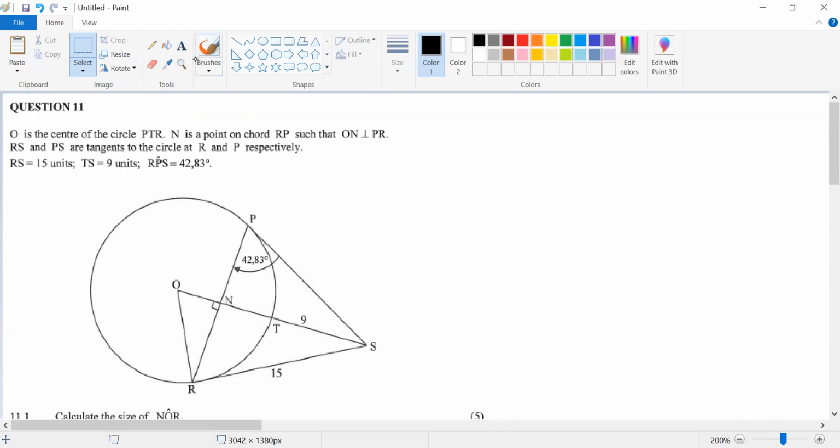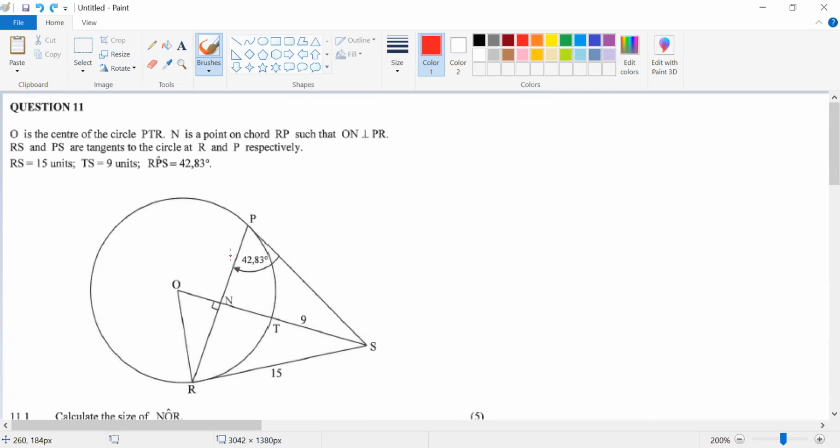So what you need to do is just make sure whatever information is given to you is on your diagram. So ON is perpendicular to PR. They've given me the 90-degree angle there, so I don't have to worry about adding it in. They tell me that RS and PS are tangents to the circle at R and P respectively.